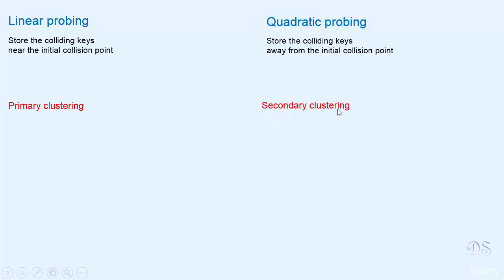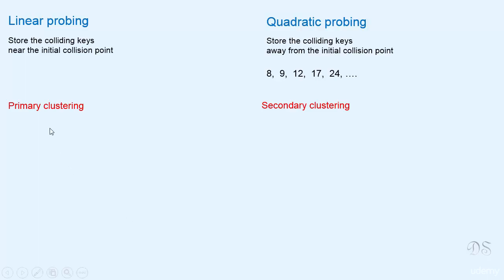This problem occurs because keys that hash to the same address will always probe the same locations. For example, all keys mapped to location 8 will always follow the same probe sequence. So the keys mapped to the same location always follow the same location chain, and this reduces the access time.